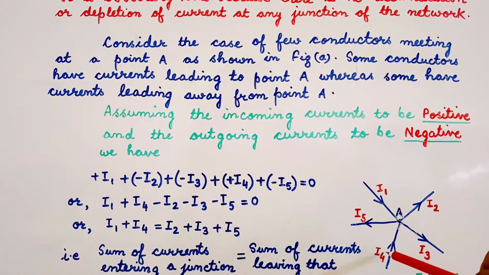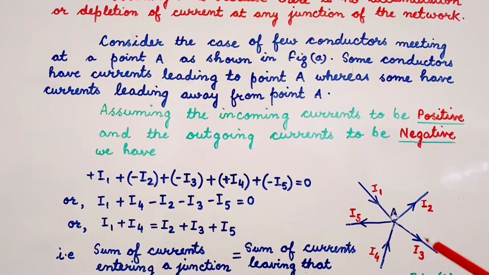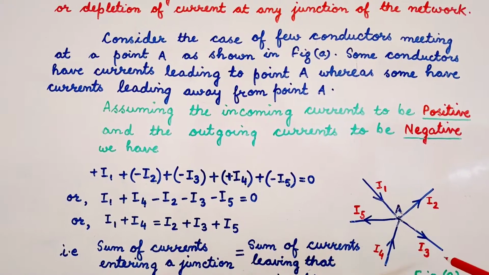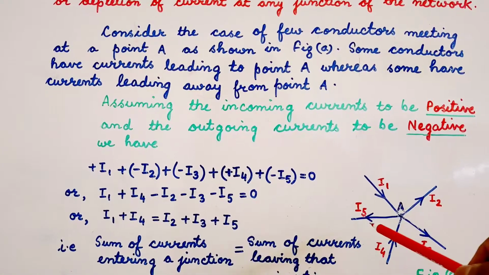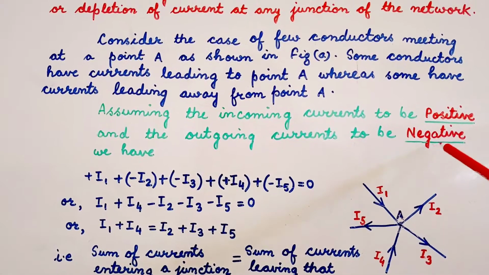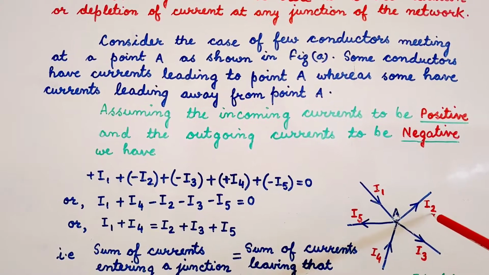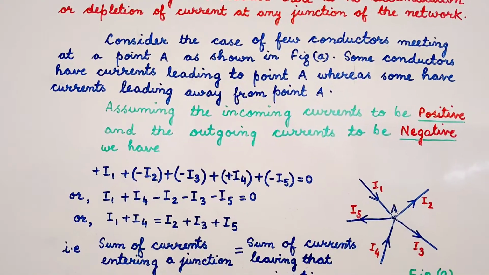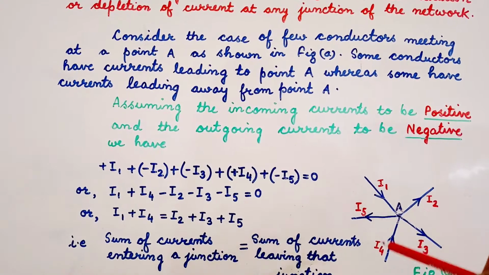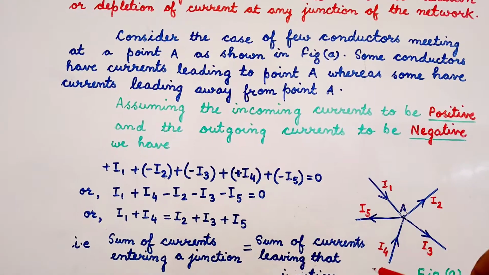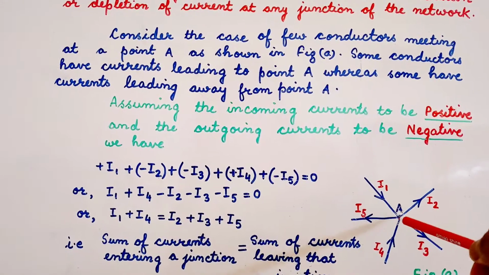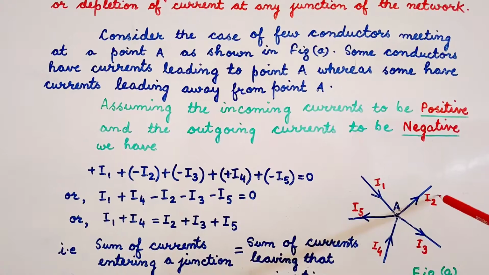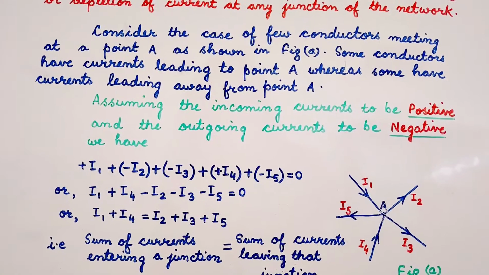So the currents I1 and I4 are positive. Now we find that I2, I3 and I5 are leaving the node, that is, they are outgoing currents, and we have assumed that the outgoing current is negative. So the sign of I2 will be negative, the sign of I3 will also be negative, and the sign of I5 will also be negative. So I1 and I4 are positive because they are entering the node A, and I2, I3 and I5 are leaving the node A, so their signs are negative.